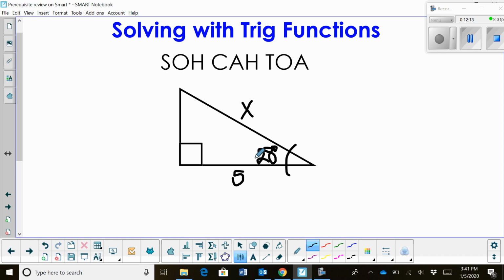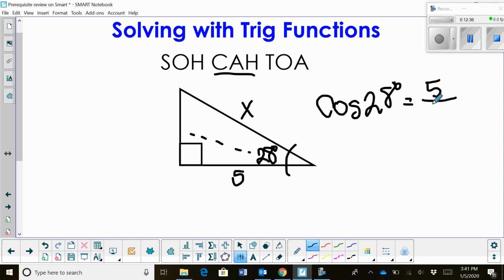So from this reference angle, 5 is my adjacent side, because remember, opposite's always on the opposite side of the triangle, and you get your hypotenuse. So it is indeed cosine. So the cosine of 28 degrees is equal to my adjacent, which is 5, over my hypotenuse, which is x.